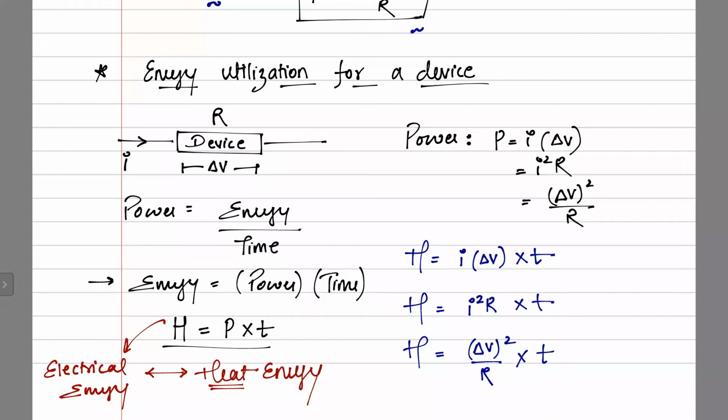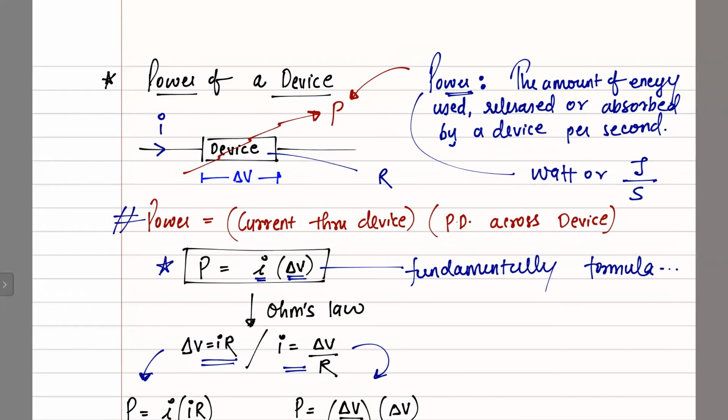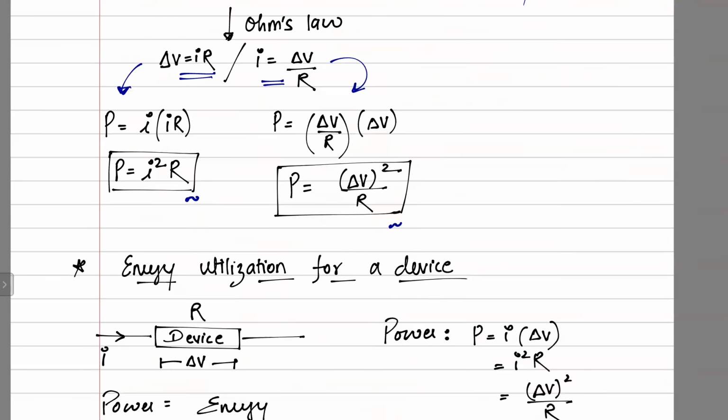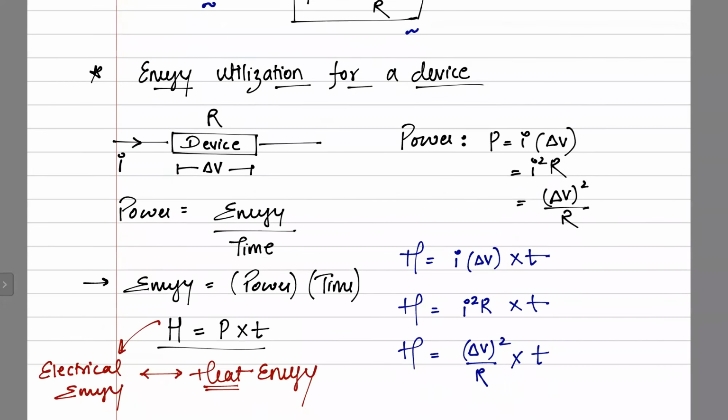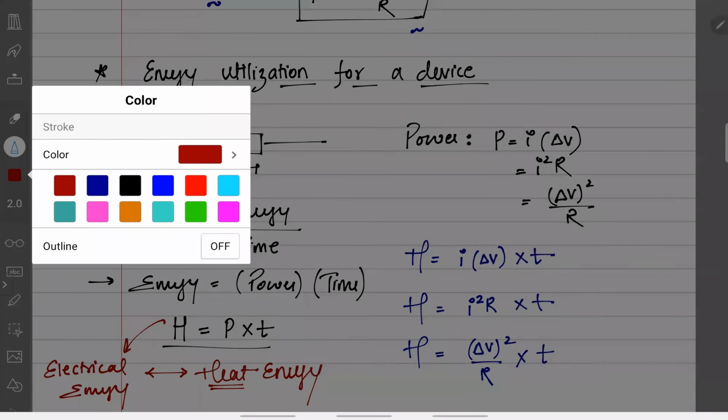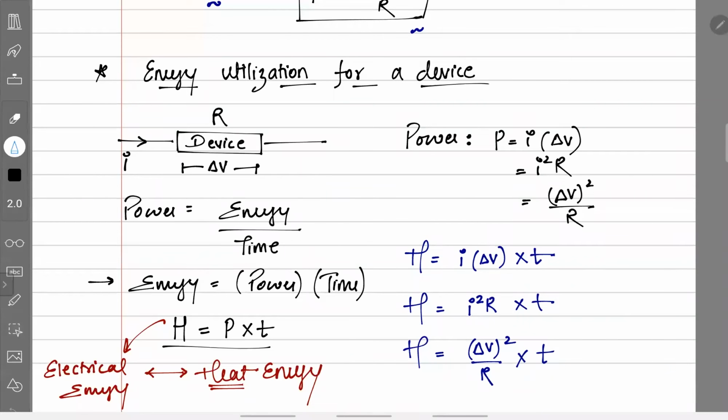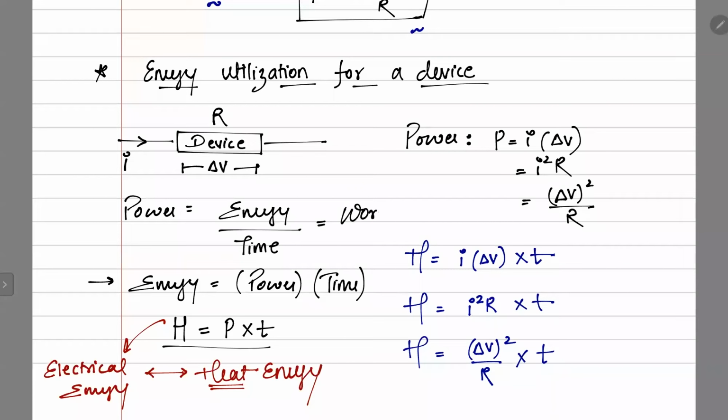Somebody asked me a question, sir, power can also be work upon time. Yes, power can definitely be work upon time. I'll tell you how. When I say that power is equal to energy upon time, I can also write this as power is equal to work upon time. The reason is energy and work are interconvertible.